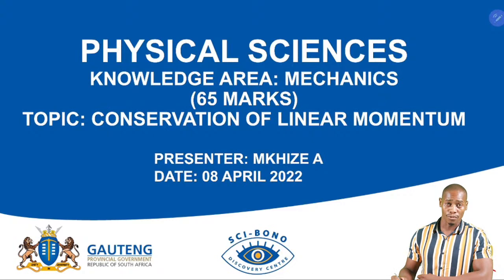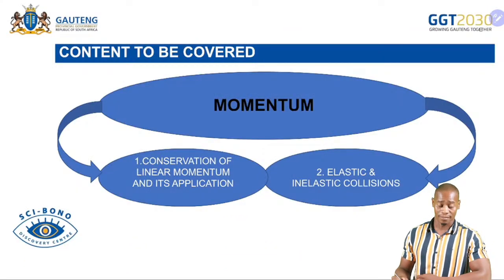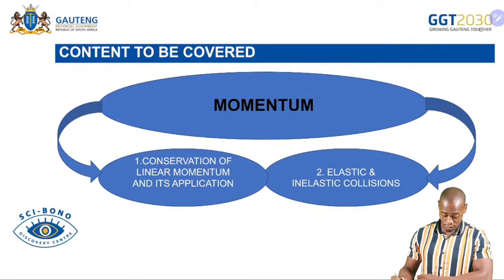We are going to focus on momentum and impulse, but not the whole of it. It will be conservation of linear momentum. Our focus will only be on conservation of linear momentum. Obviously, we also need to talk about elastic and inelastic collisions.